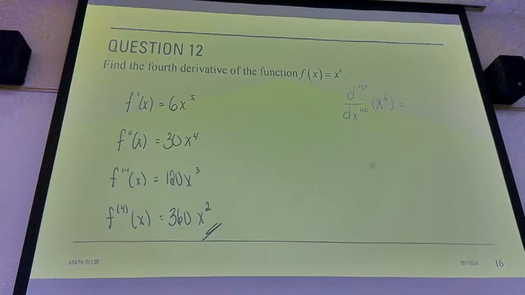What would that be? Why? Because you ran out of the x and that's the board. Let's make a simple change. What is that derivative?